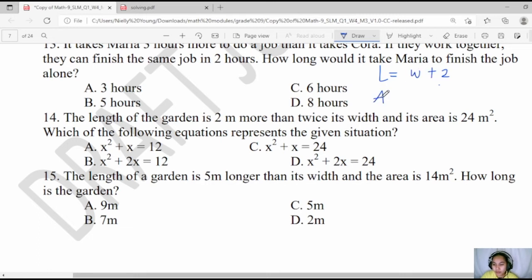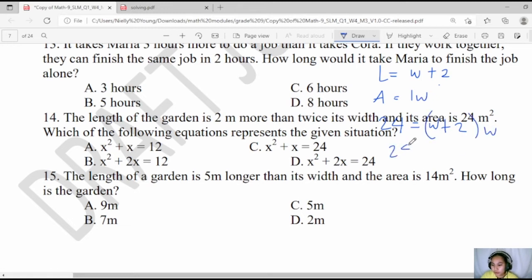And we know that the formula for the area of a rectangle is length times width. So area is 24. Then the length is 2 plus twice the width, w, so 2w plus 2, times w.